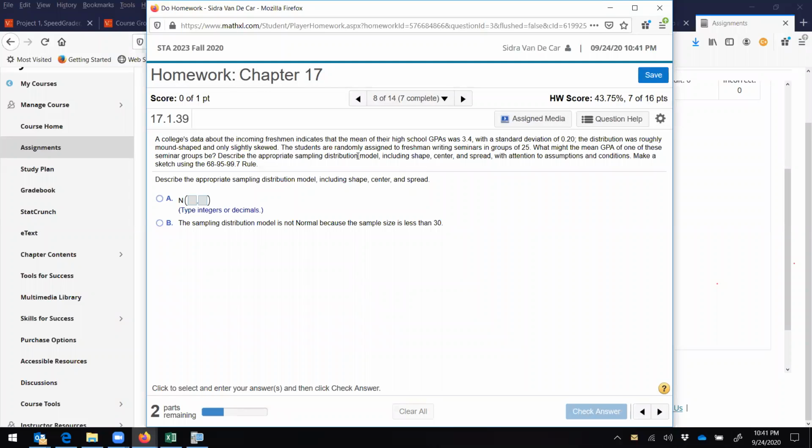A college's data about the incoming freshmen indicates that the mean of their high school GPA was 3.4 and a standard deviation of 0.2. The distribution was roughly mound-shaped and only slightly skewed. The students are randomly assigned to freshman writing seminars in groups of 25. What might the mean GPA of one of these seminar groups be? It would be the same, 3.4.